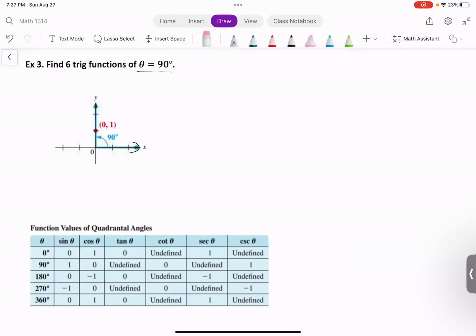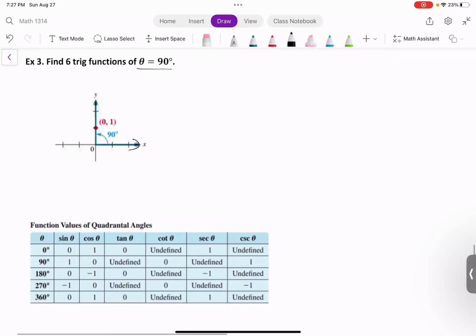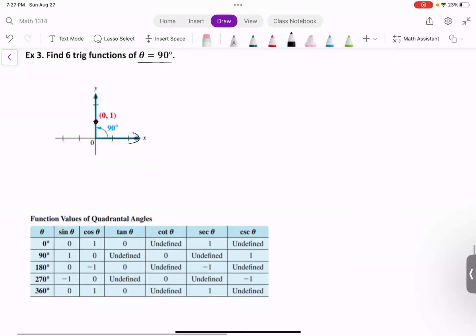That's an easy point, because I can find the r easily. It's the distance between the point and the origin. I know that r equals square root of x squared plus y squared. Now I choose the point 0, 1. X equals 0, y equals 1. Then r equals square root of 1.